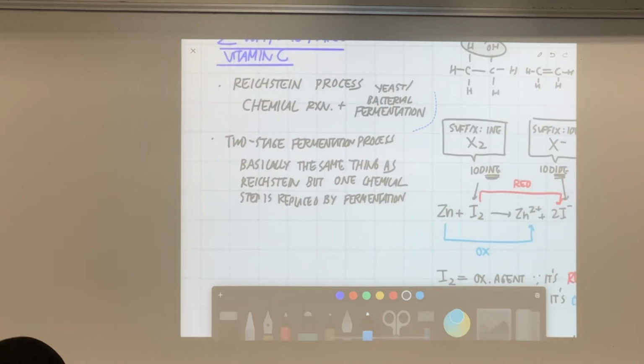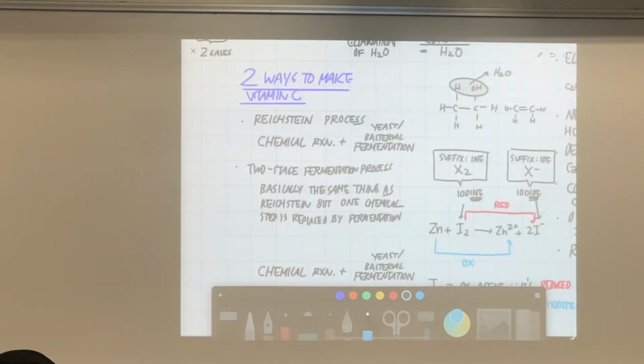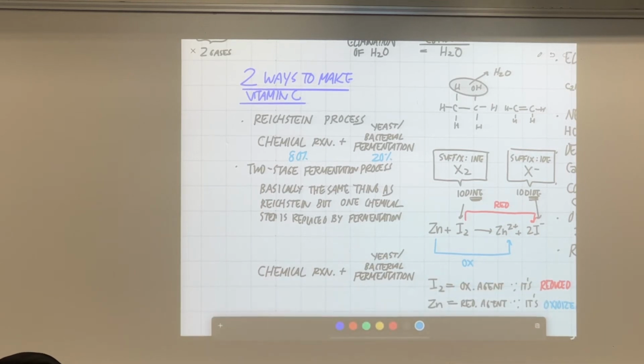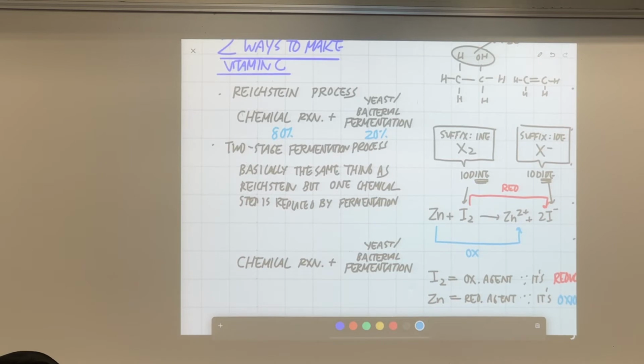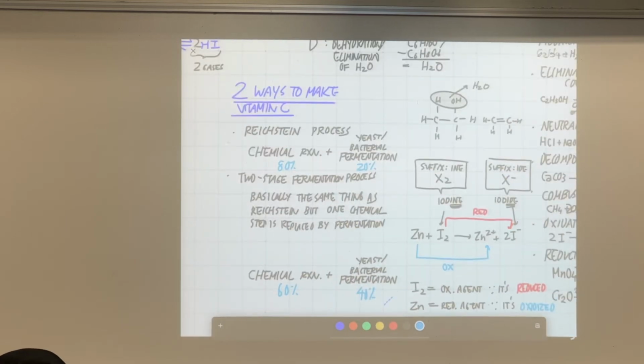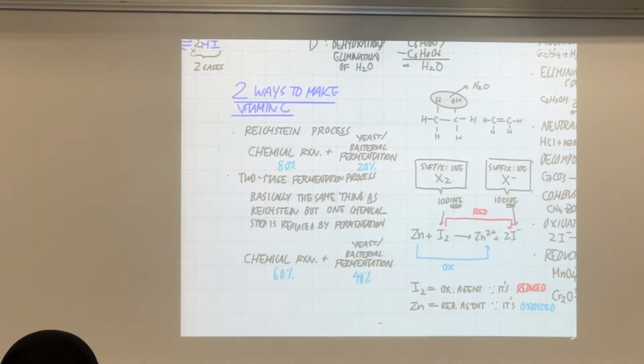If I really have to put a number here, you can say Richstein uses maybe 80% of this and 20% of this. Two-stage fermentation uses more yeast and bacteria, maybe close to 60% and 40%. This is to give you an idea, but the same reactants, intermediates, and products are involved.